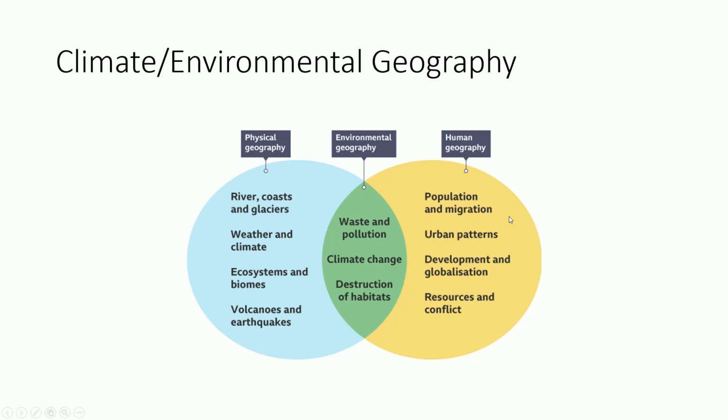So the ways that population and migration, urban patterns, resources and conflict can make changes to rivers, coasts, and glaciers, weather and climate, ecosystems and biomes, and create this new environmental geography, things like waste and pollution, destruction of habitats, changing sea levels, and so on and so forth. So environmental geography is the study of the impact of human geography on their physical geography.